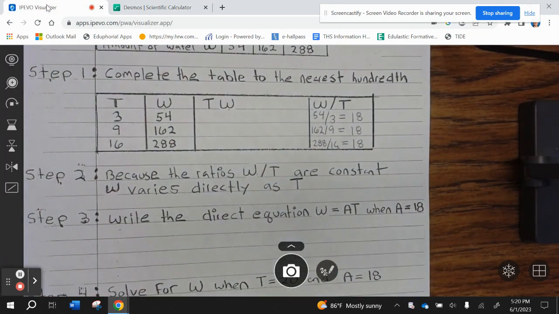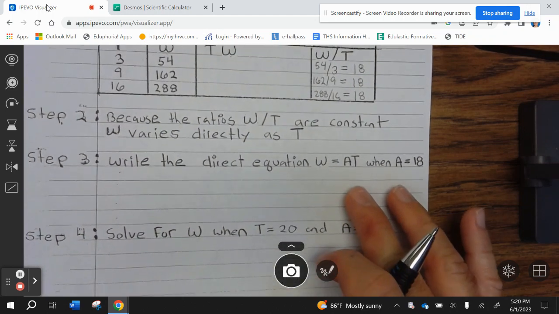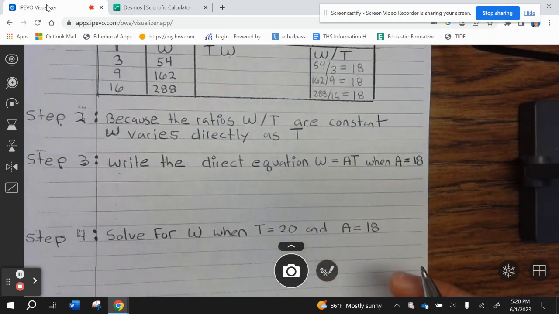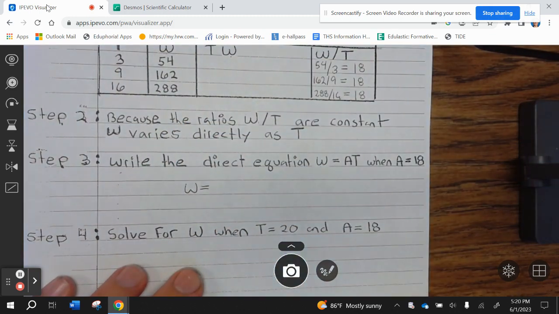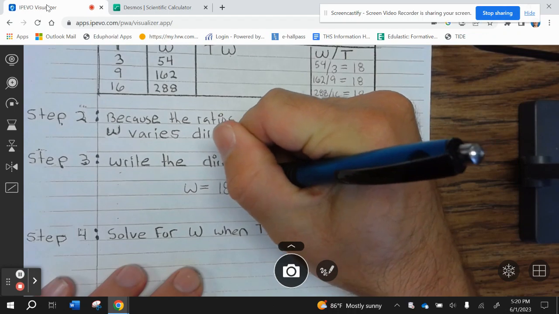Okay, because the ratios W divided by T are constant, W varies directly as T. Write the direct equation W equals AT. So W equals the A value is 18 times T.